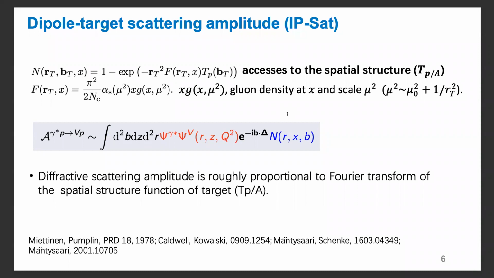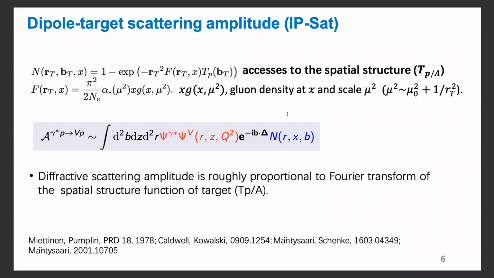Here F is proportional to the gluon density, gluon distribution at scale, and this satisfies the DGLAP evolution. And T is just the thickness function of the target. So we can see from this formula that the dipole target scattering amplitude is sensitive to the spatial structure of the target.